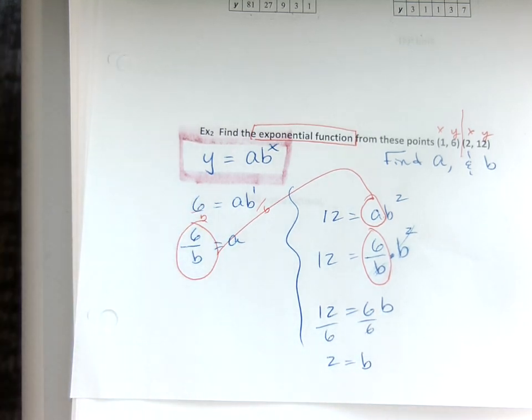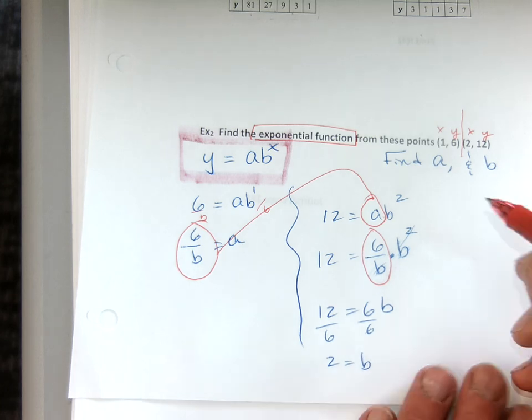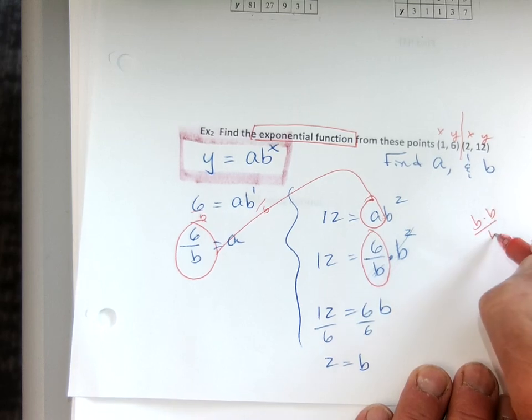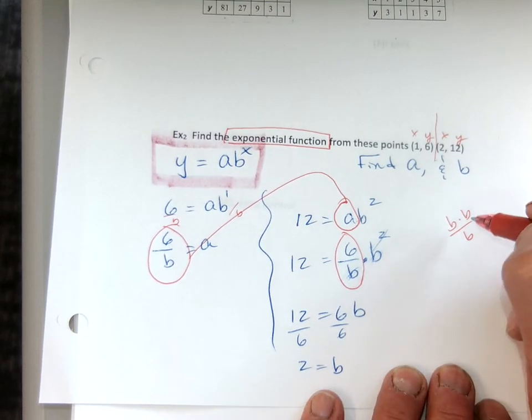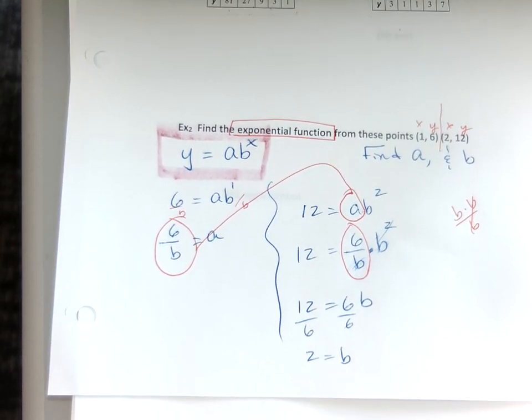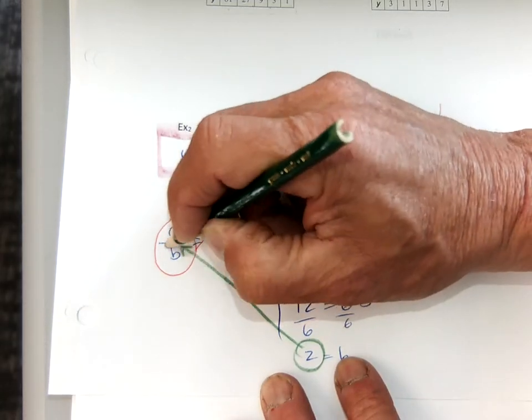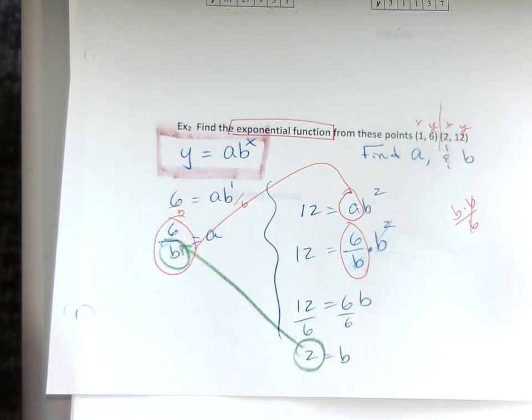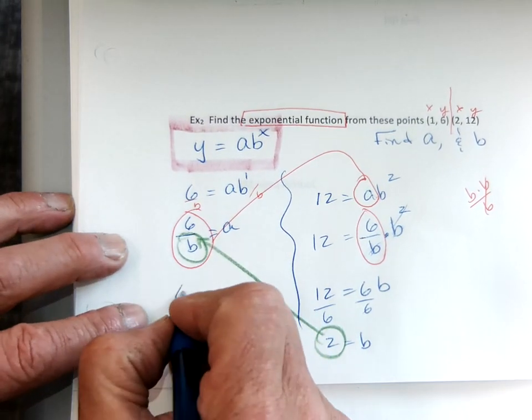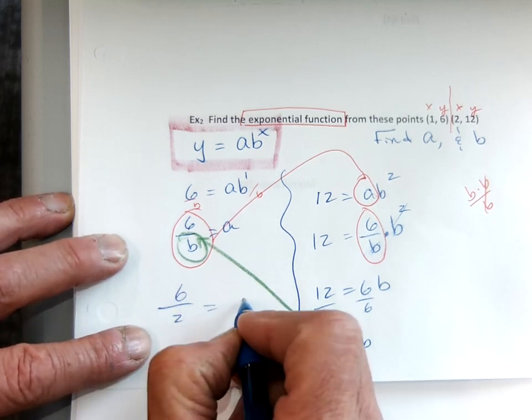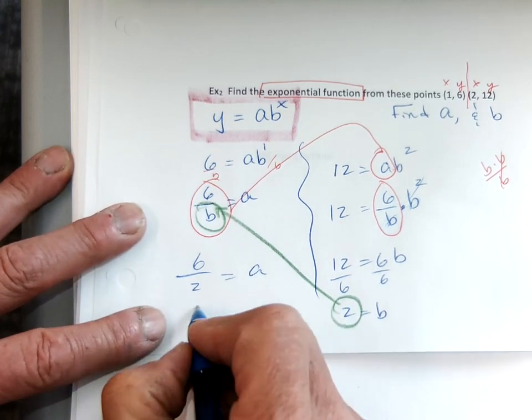So you took away the square, so then there's only one. Right, because that's the same thing as b times b over b. Does that make sense, Retta? Cancel, right? So then if I know the value of b, I can take the 2 and put it right there and get the value of a, right? So I can go 6 over 2 is the value of a, or the value of a is 3.